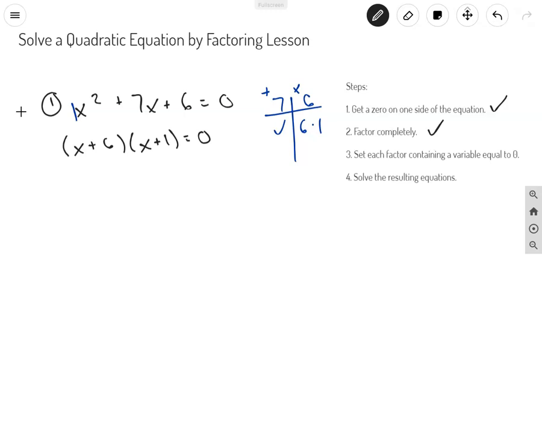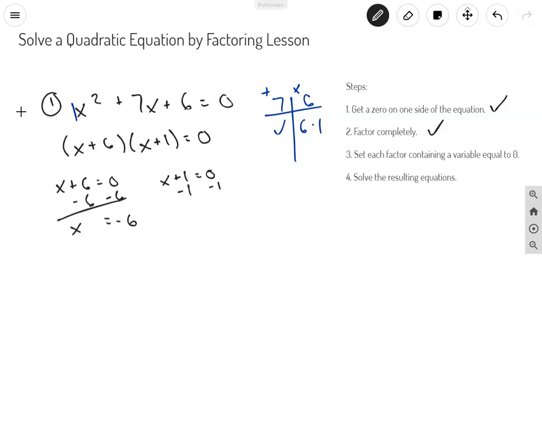Now I'm going to say, set each factor containing the variable equal to 0. This is like we did before. First equation, x plus 6 equals 0. x plus 1 equals 0. Go ahead and solve both equations. Let's subtract 6 from both sides of this one. x equals negative 6.